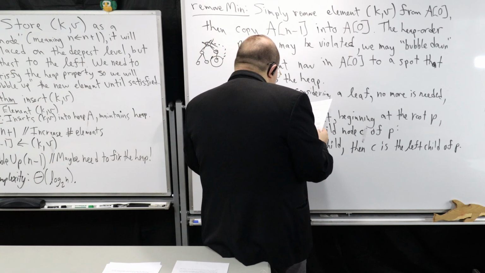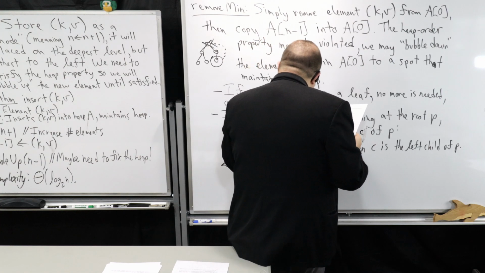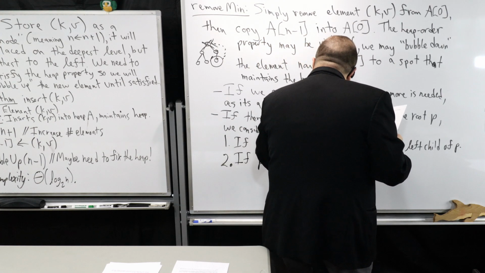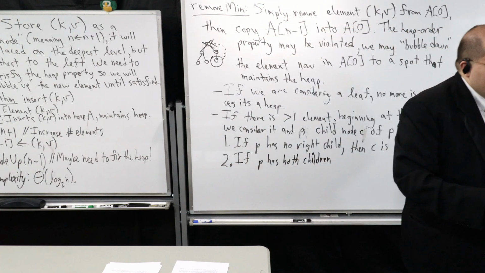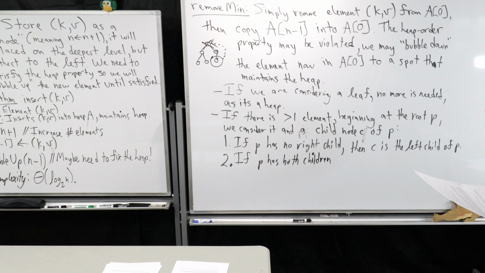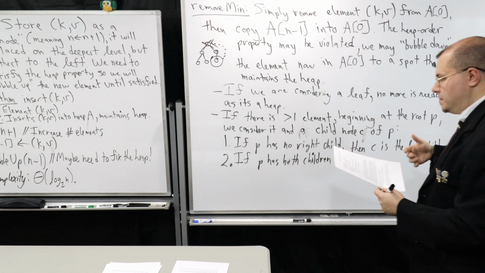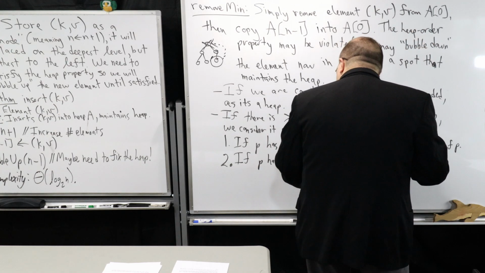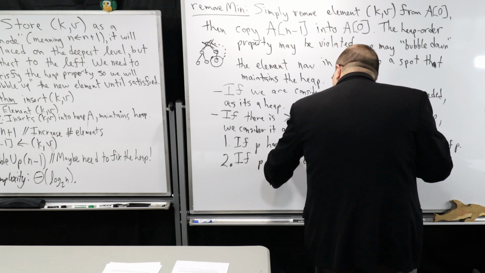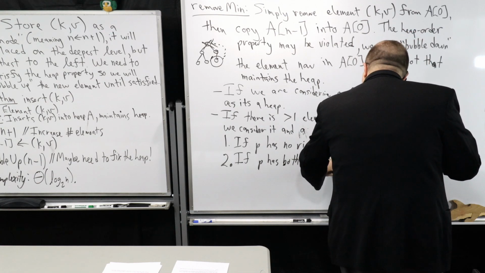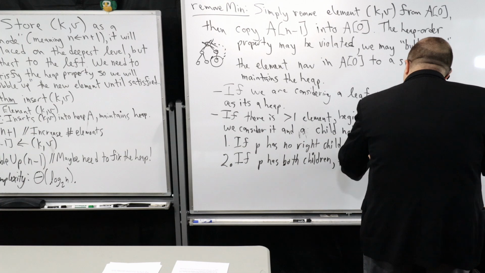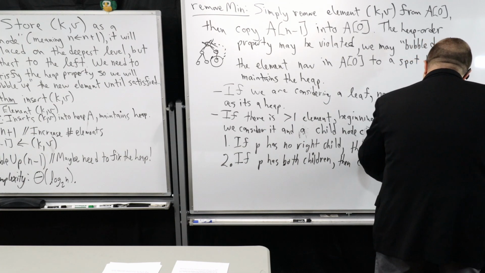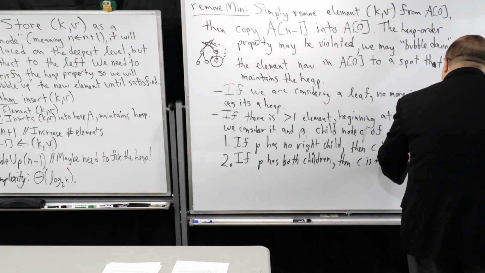If P has both children, you might ask, which one should the heaviest route take? You should think about it by trying to swap the one with the smaller key. That's what I'm going to suggest we do. If P has both children, then C is the child with the smaller key.